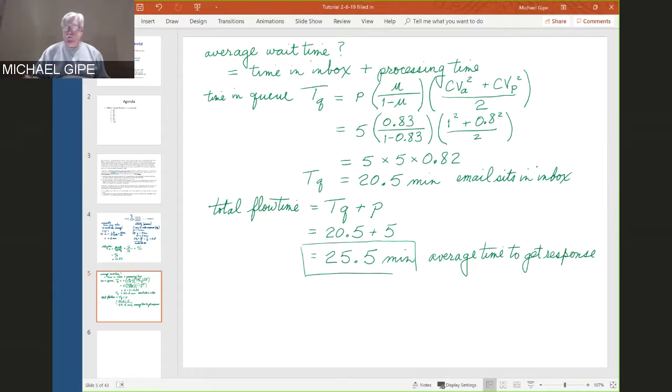Nothing hard about that. Just remember, by reading the question carefully, it is the combination of the queue time plus the processing time, end to end. That's the total flow time.